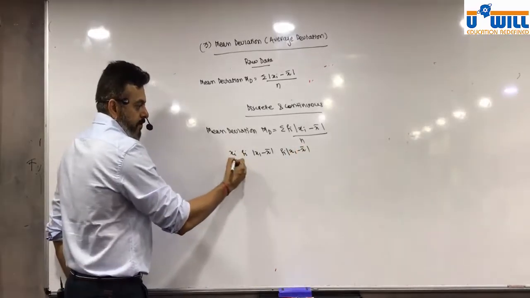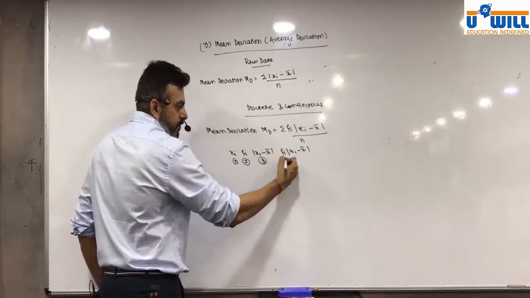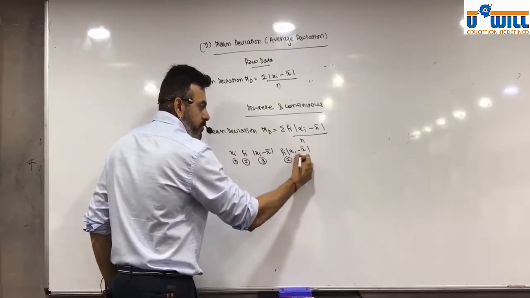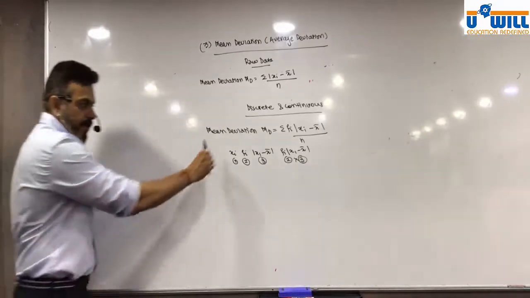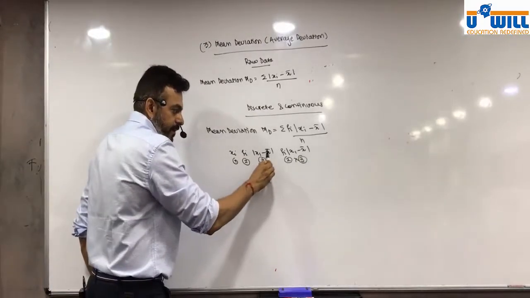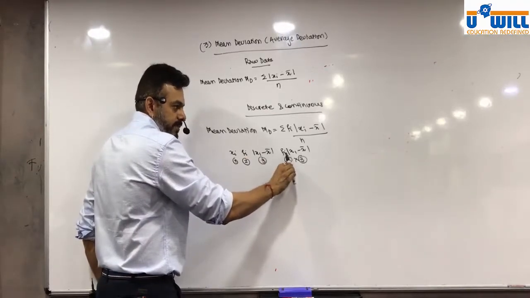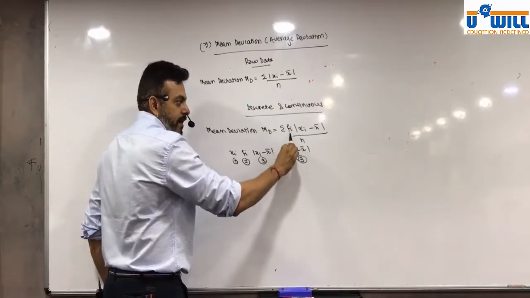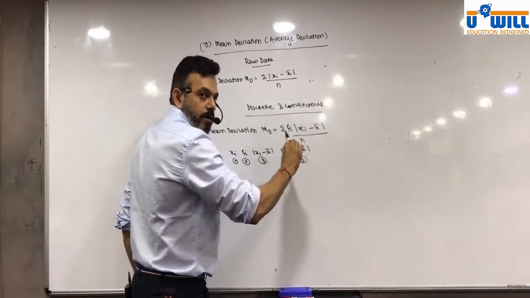It means if this is 1, this is 2, this is 3, this will be 2 into 3. Understood this? xi is there, fi is there, you find xi minus x bar, then multiply the two, and you will get the total, sigma fi into modulus xi minus x bar upon n.